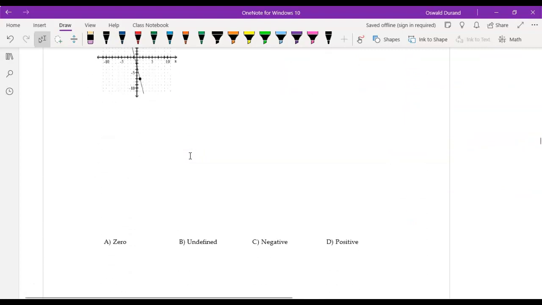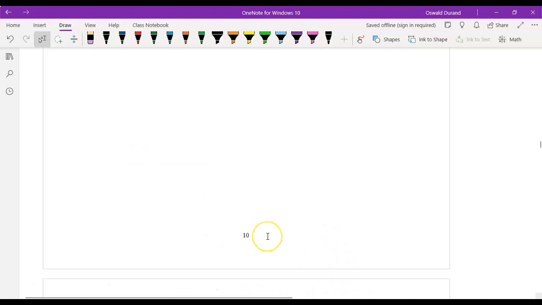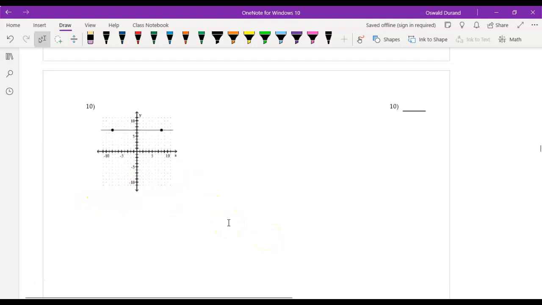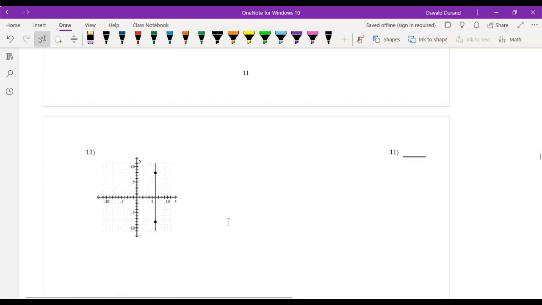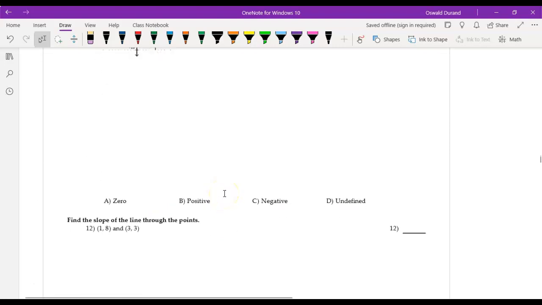So you can look at this and say, all right, the y of the line is going from positive to negative. So this is a negative slope. Horizontal line, I just talked about it, the slope is 0. And here, a vertical line, as I mentioned, the slope is undefined.